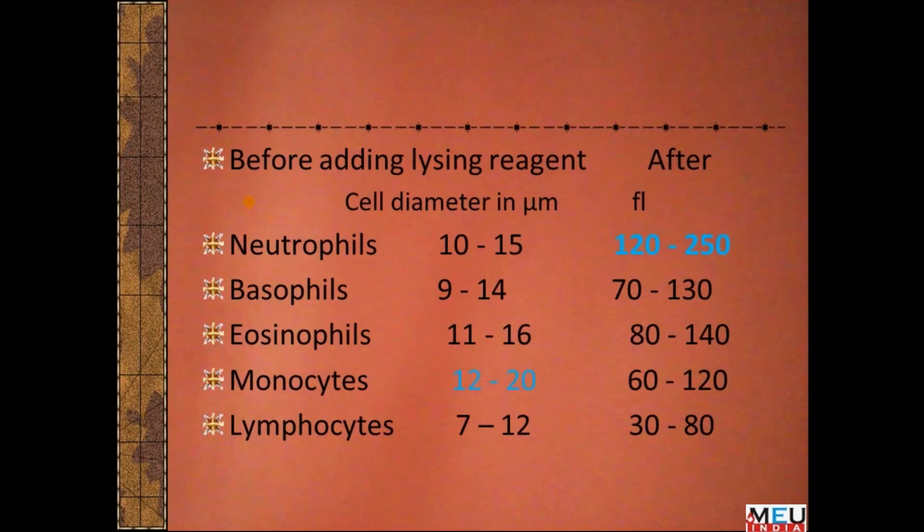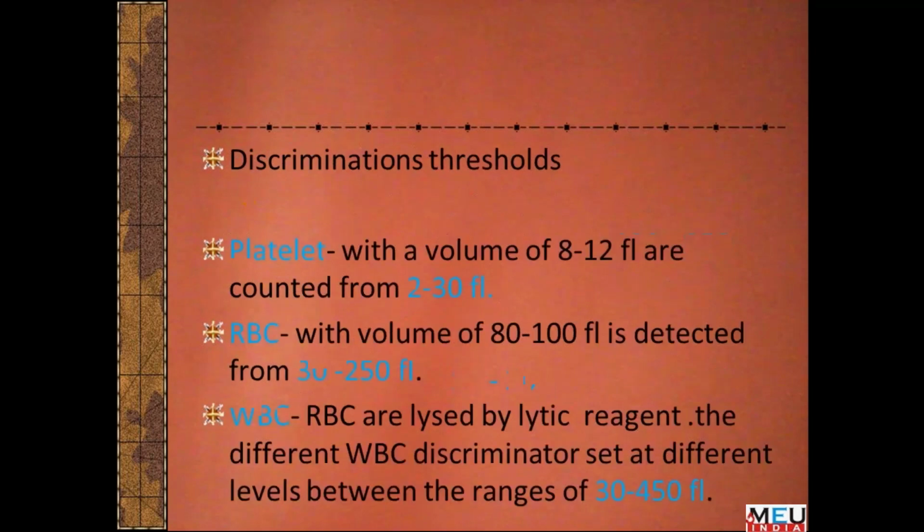Eosinophils, which are normally 11 to 15 micrometers, increase their size to 80 to 140. The monocytes, which are 12 to 20, increase their size to 60 to 120, and lymphocytes, which are normally 7 to 12 micrometers, become 30 to 80 femtoliters.